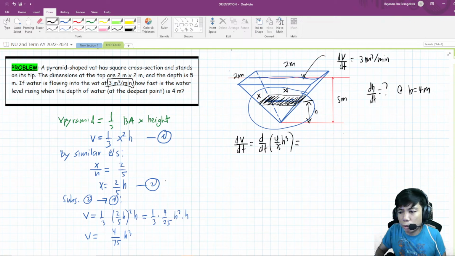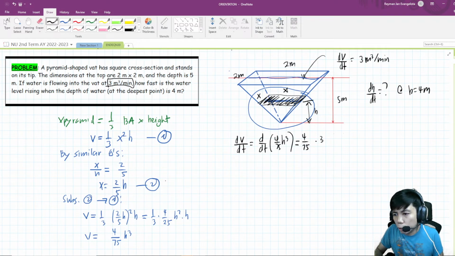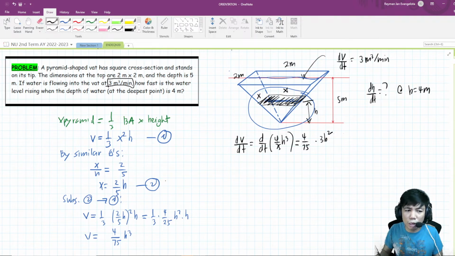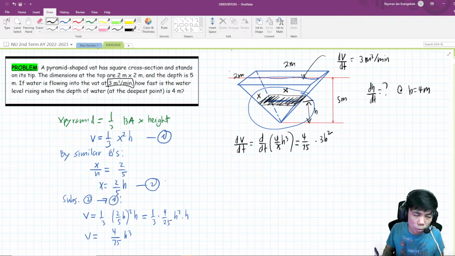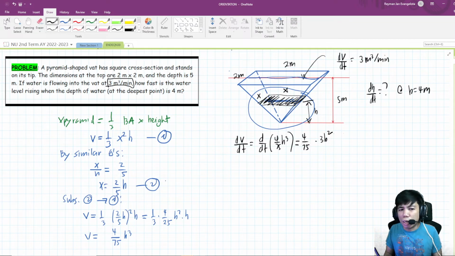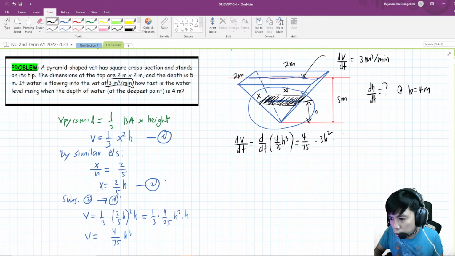Yung constant, labas mo na yan, yung 4 over 75. Then, derivative na lang ng h cubed with respect to time. So h cubed muna as power, copy yung 3, and then minus 1, kaya squared. Then don't forget the derivative of h with respect to time. Yan mismo yung rate ng water level, so that is dh/dt.